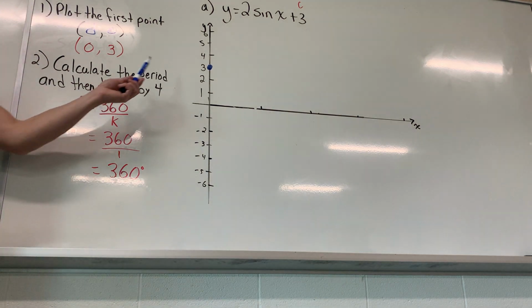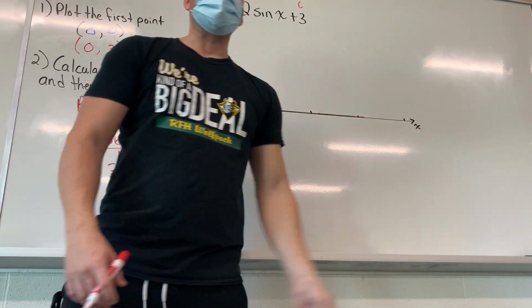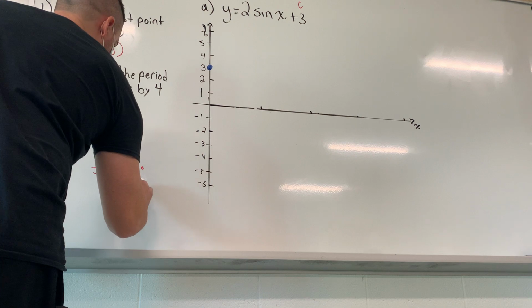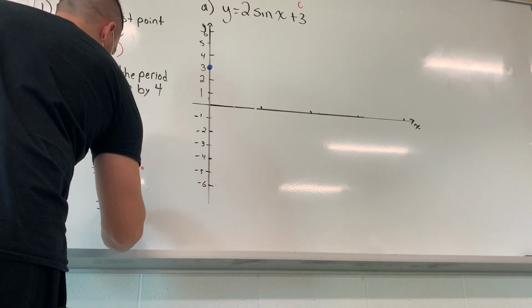So we're gonna know that this is gonna end 360 degrees later. So that's calculate the period. Now we're gonna take that answer and divide by 4, always by 4. And you get the answer of 90.